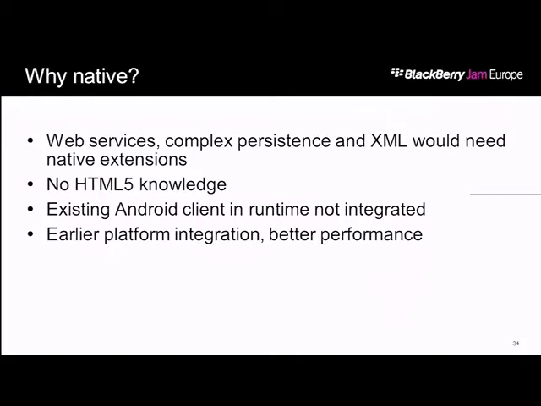And a lot of the web service stuff would have been done in a native extension for HTML5, so we figured we can go full native anyhow. We have already ported the application to Android, but as Android is not running in the corporate perimeter, that's not an option for us. And I think the native offers the best performance, and all the platform integration is already there.